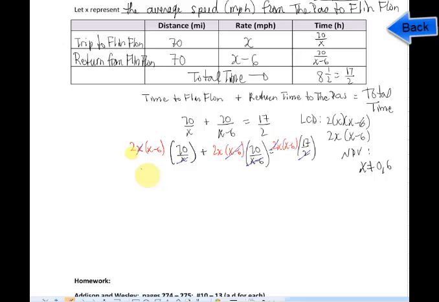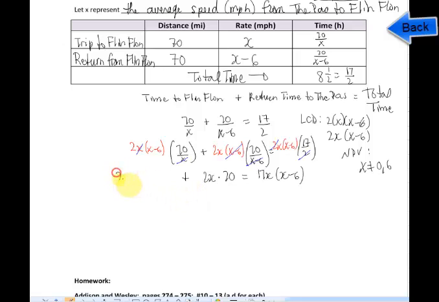Okay, so what are we left with? We are left with 2 times x times 70 plus 2x times 70, which is equal to 17x times x minus 6. And so we get 140x plus, oh, I forgot something, didn't I?